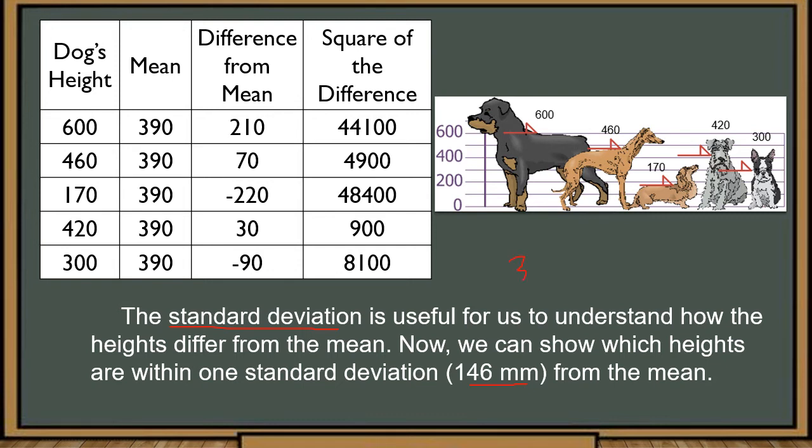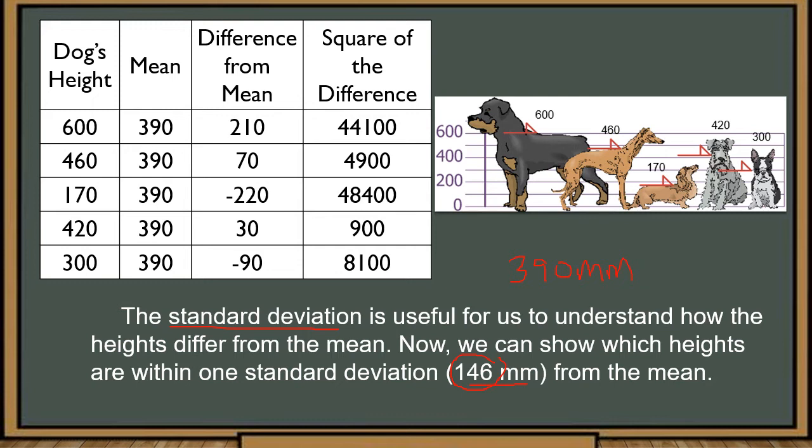If the mean is 390 millimeters, then the distance of each dog's height from the mean is 146 millimeters. So the standard deviation simply means the distance from the mean.